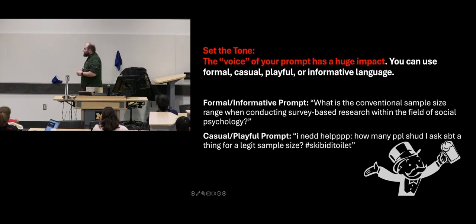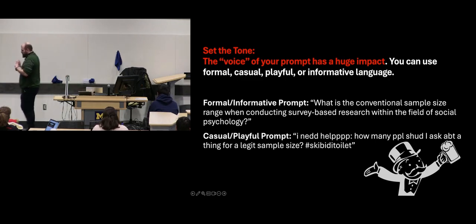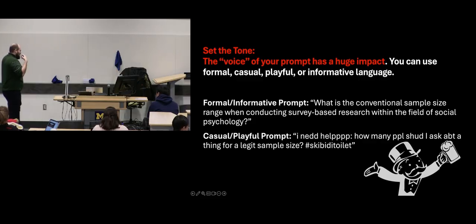This is a bit of a funny one, but actually, again, pretty important. The voice of your prompt, sort of the tone of your message, has a huge input. These things are trained on tons of data from social media to probably academic sources. We don't know what the training data is, right? If you ask a question professionally, it will respond professionally.